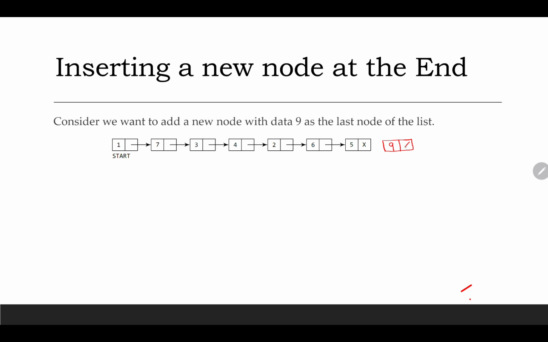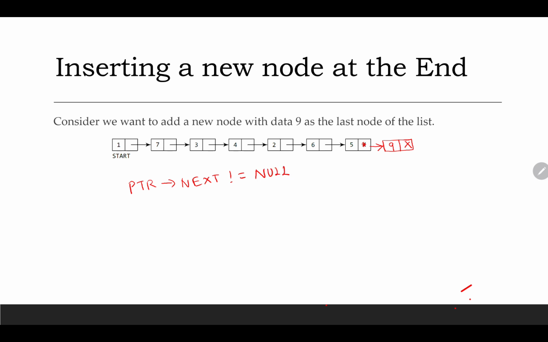So what will happen? This node's address part will be null, and here it contains the address of this node, so we have to give the link. So how will we find the last node? We will check one condition: ptr->next is not equal to null.